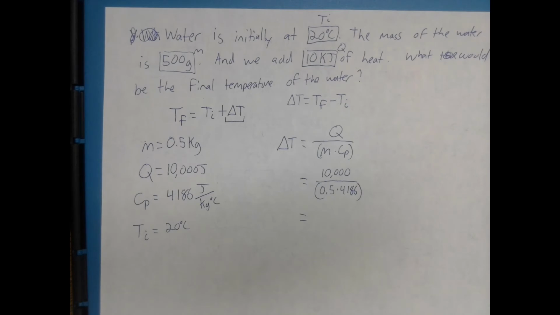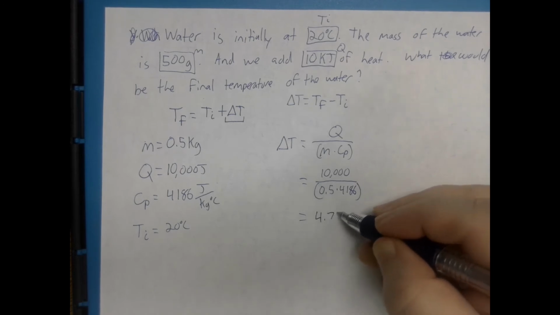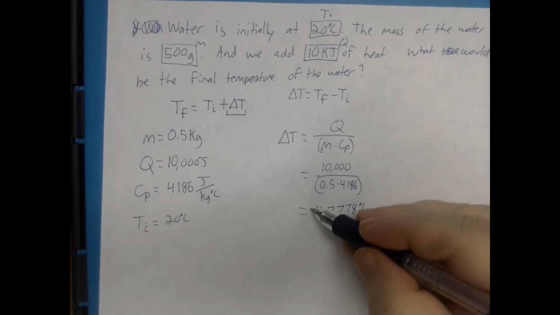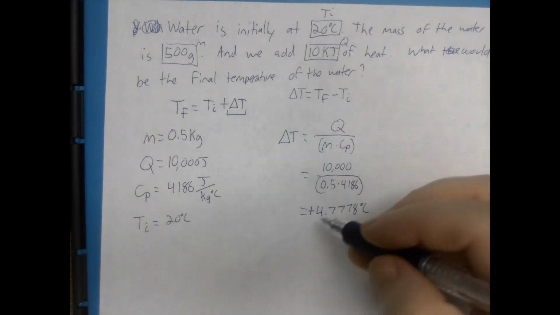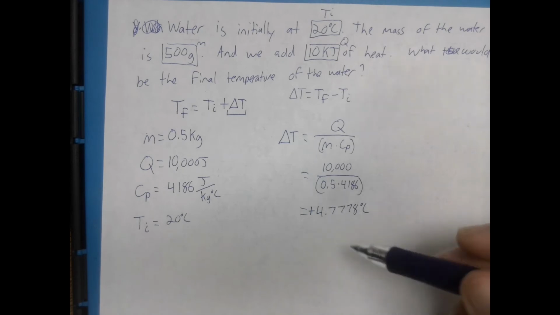And we get that the temperature changed by 4.7778 degrees Celsius. This is positive, that means we added 4.7778 degrees Celsius. So we started out with 20 and our temperature changed by this much.